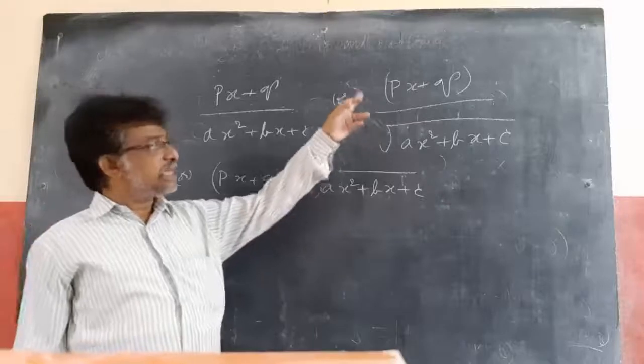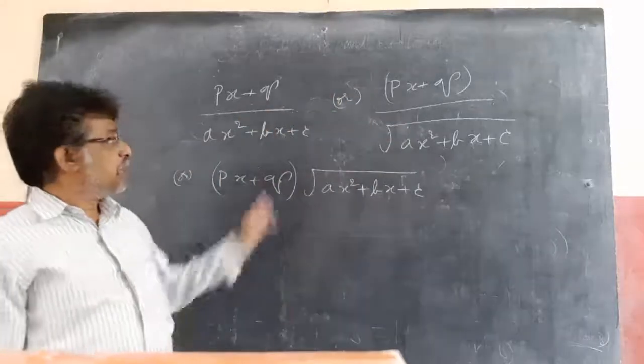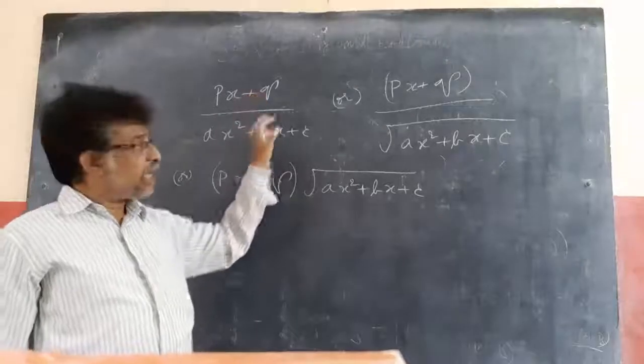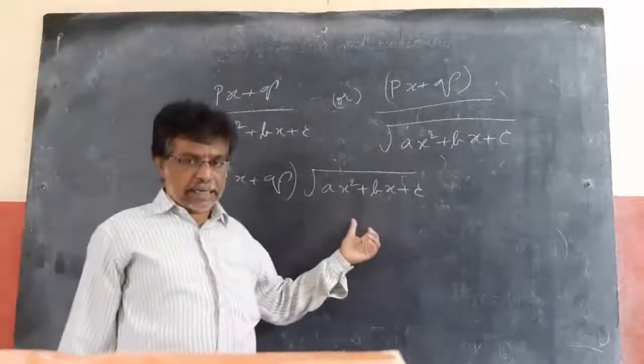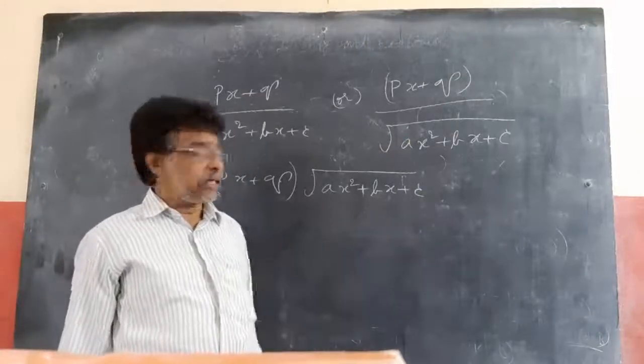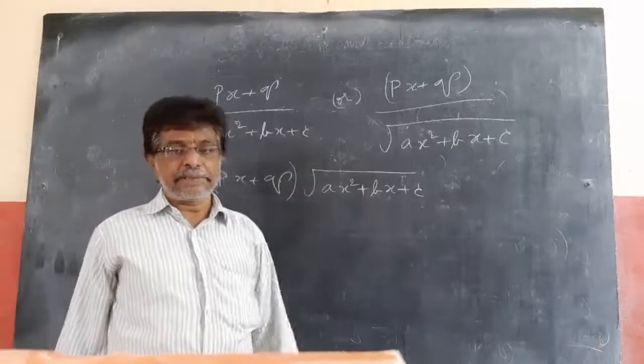So if the function is of any of these three forms, linear by quadratic, linear by square root of quadratic, or linear into square root of quadratic, this is linear, whose degree is 1, and this is a quadratic ax square plus bx plus c.